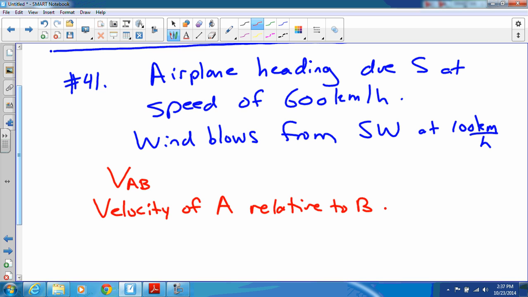You want to take as your default the thing that it is traveling in. What is this airplane traveling in? The air. That's exactly right. So we are going to label the airplane's velocity in that manner. The airplane is heading due south at 600 kilometers per hour. So how am I going to express that velocity?